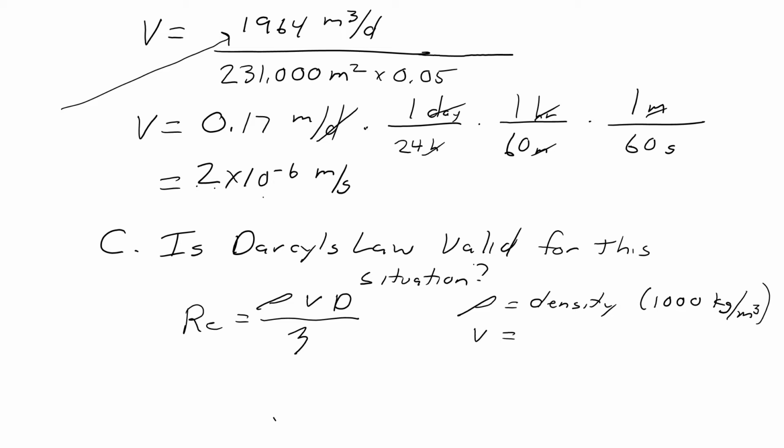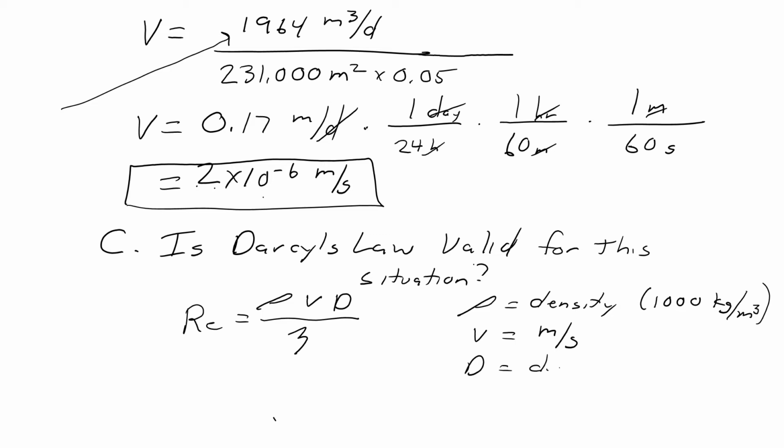Velocity we typically use in meters per second. That's why I went ahead and changed the above value to meters per second, because we can use it in this example. D is the diameter of the opening. We'll come back to that, but remember last class I said this is actually kind of difficult to measure because, again, pores are so small.